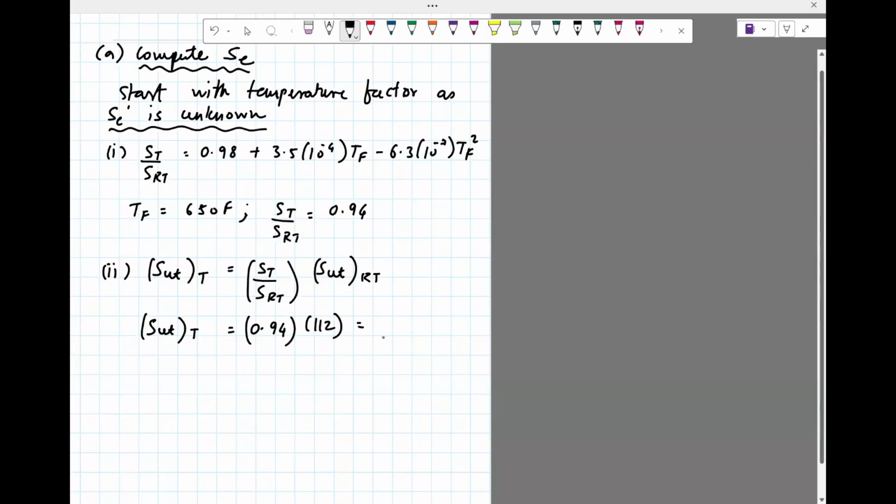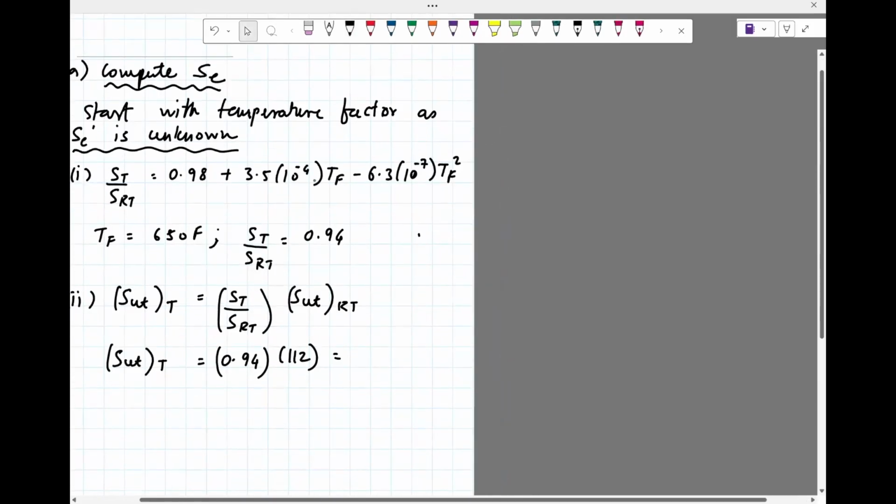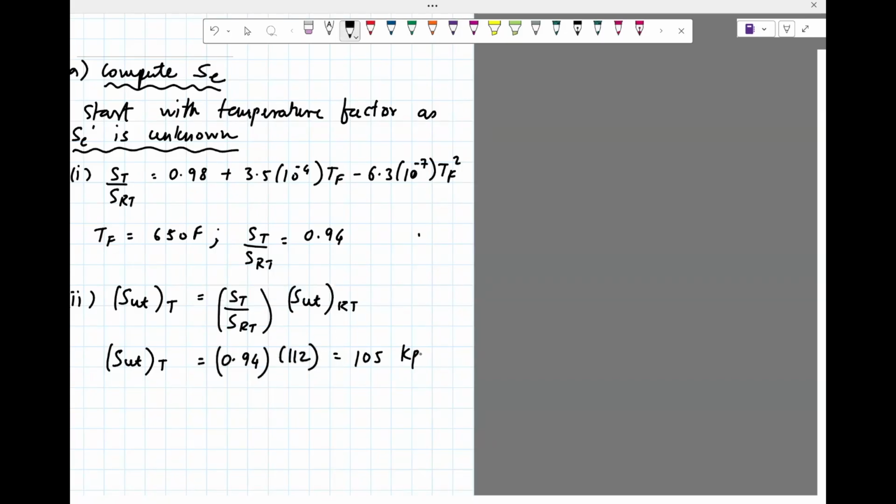Okay, so this comes out to be... what is the exponent on the second 10 in the equation? Oh, it's minus 7. Hope that was what was asked. Yeah, I think that's the one. So 0.94 times 112 is 105 kpsi.